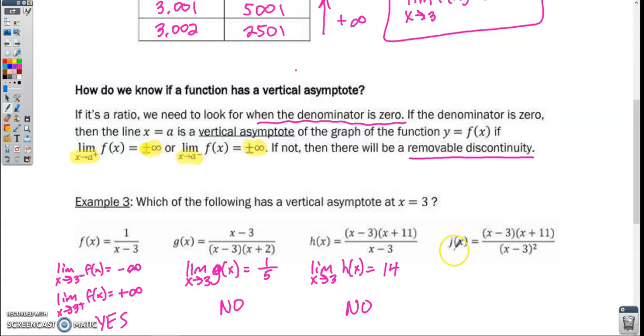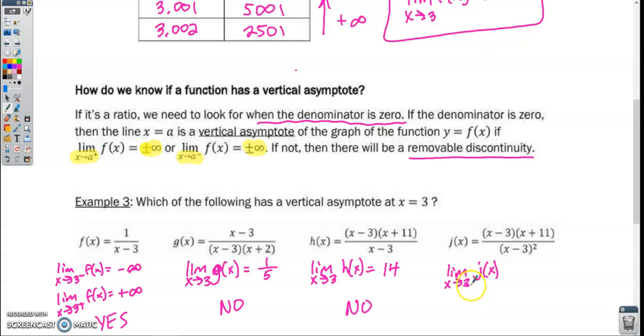If I tried to take the limit algebraically in the fourth part here, an x minus 3, we could cancel out an x minus 3 from both the numerator and denominator, and this would turn into the limit as x goes to 3 of x plus 11 over x minus 3.